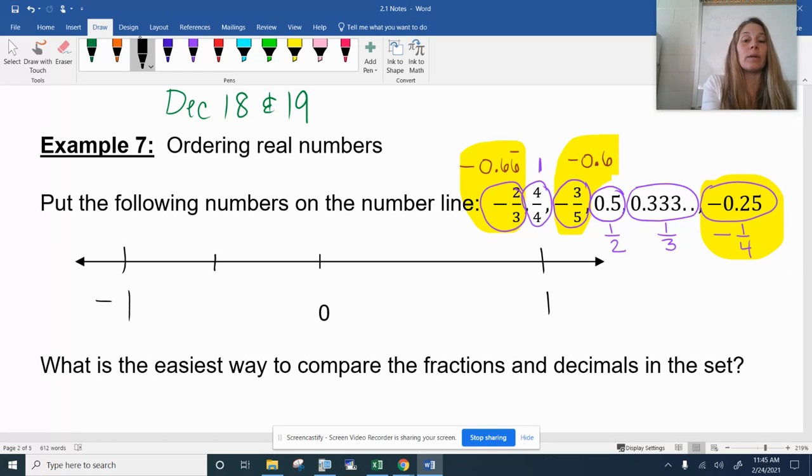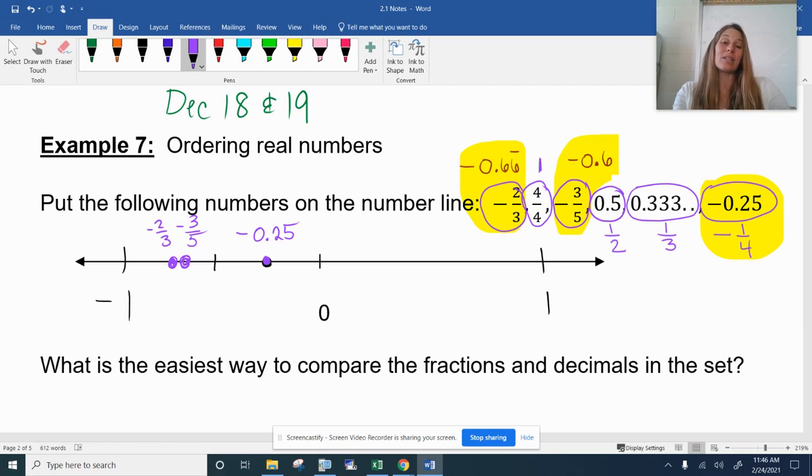If halfway between the 0 and the -1 is -0.5, then I'm going to put this one, -0.25, right about there on my number line. Now the remaining two are both going to be more than halfway to the -1, but not quite to the -1. They're going to be very close together, but I know that the -3/5 is equal to -0.6, and the -2/3 is equal to -0.6 repeating, so that one's a little bit more to the left.